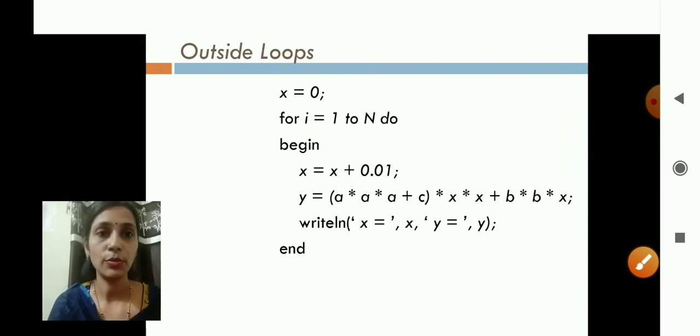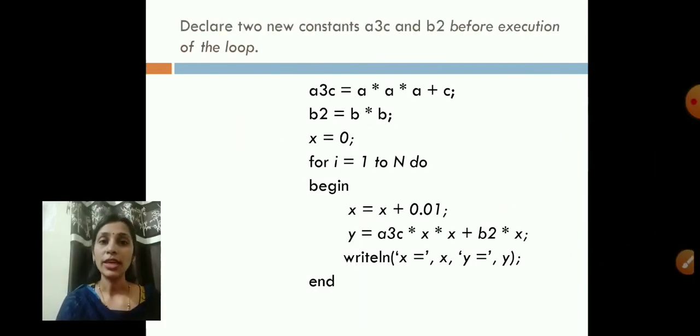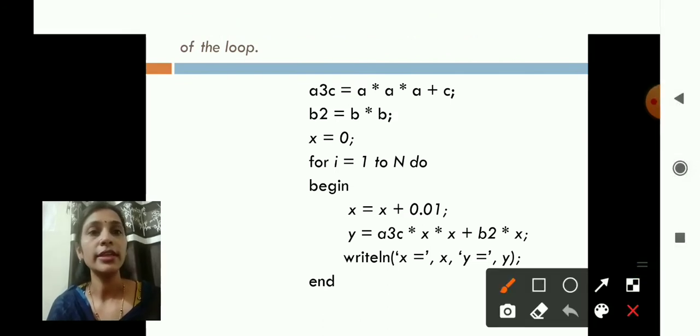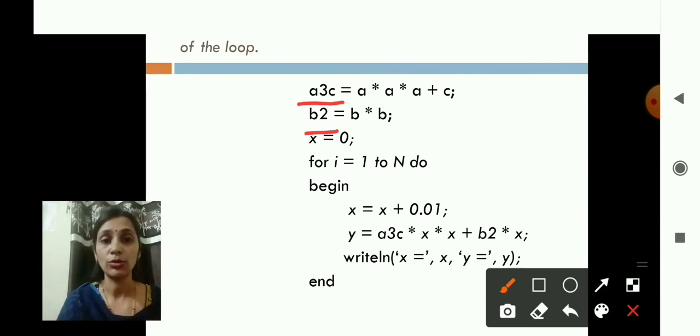How are we going to remove it? We can remove it by declaring two new constants, A3C and B2. A3C is what we were calculating multiple times, multiplying those particular values in the loop, and here we are moving it outside the loop.